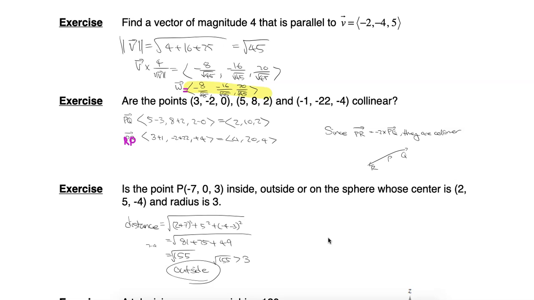So we look for the magnitude of v, we do v over magnitude of v, and now that we have a unit vector that has a magnitude of 1, we can multiply it by 4, and it'll give us what we were looking for. So if we call this magnitude 4 vector w, then w is -8, -16, 20, all over root 45.